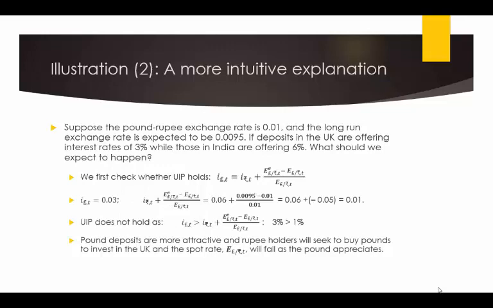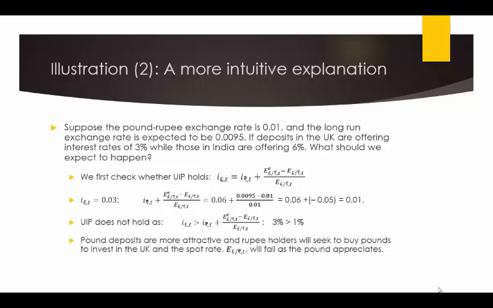A perhaps more intuitive explanation of the foregoing can be seen by checking whether UIP holds from a rate of return comparison. So under UIP, the rate of return in the UK, which is the UK interest rate, should be equal to the rate of return in India, which is the Indian interest rate, plus the expected depreciation of the pound-rupee exchange rate.